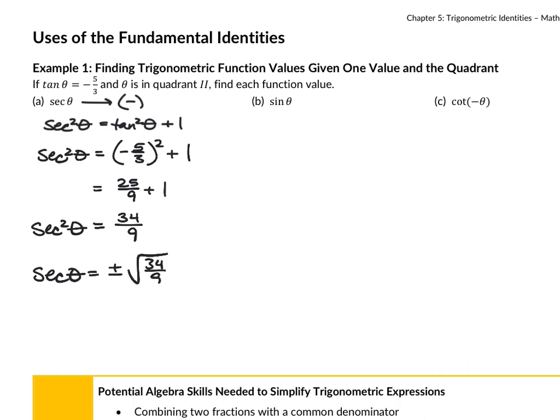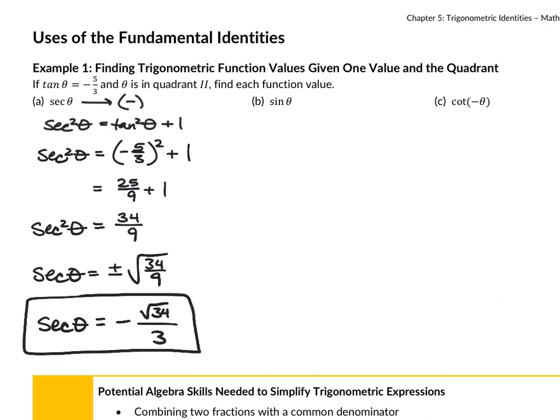I have to remember to put plus or minus since I'm actively taking the square root of this equation. But immediately we remember that since we're in quadrant 2, secant should be negative. So we can take the square root of the numerator and the square root of the denominator. So we get that the secant of theta is equal to negative square root 34 over 3.